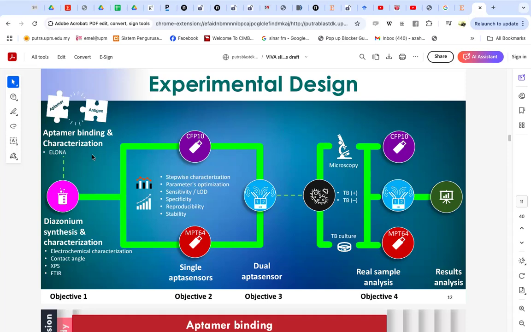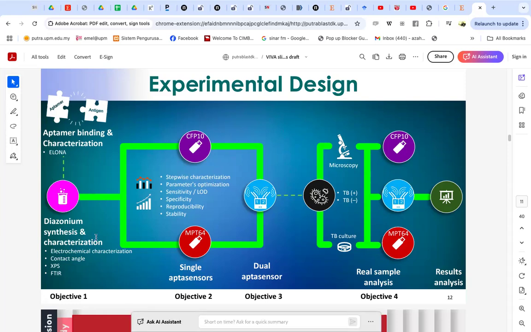So you can see that before we decide to further develop into typical characterization of sensors, we have to do the binding study, whether it gives a very selective result. Then we do surface characterization. And once we confirm this, it is good to go, then we do the sensor characterization.